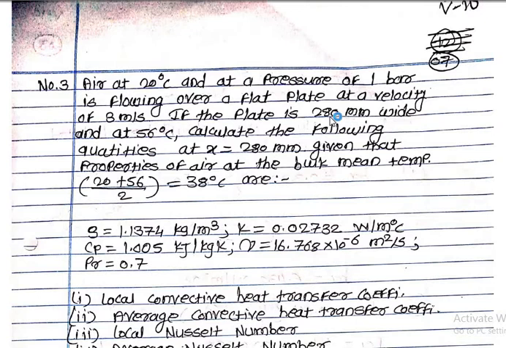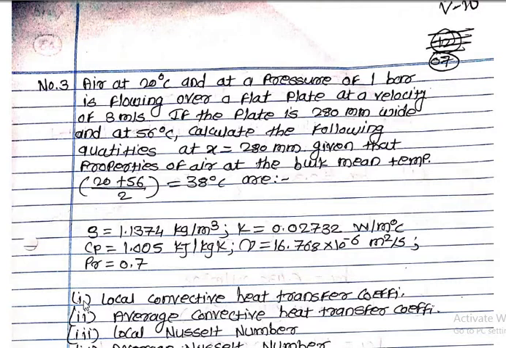So length and width are equal, so area becomes 280 multiplied by 280. So we have to find out the local heat transfer coefficient at the end of the plate, because the length of the plate is 280 mm only, and we have to find out the local heat transfer coefficient at x equal to 280 mm.